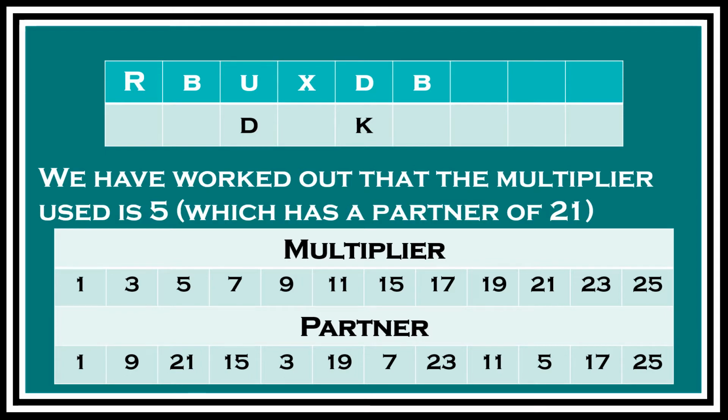So the multiplier is 5, and if we look at the multiplier partner table, 5 has a partner of 21. So 21 is going to be what we need to use in order to undo the multiplication by 5 when we decode the message and find what the missing letters are in the second row of the top table on the screen there.